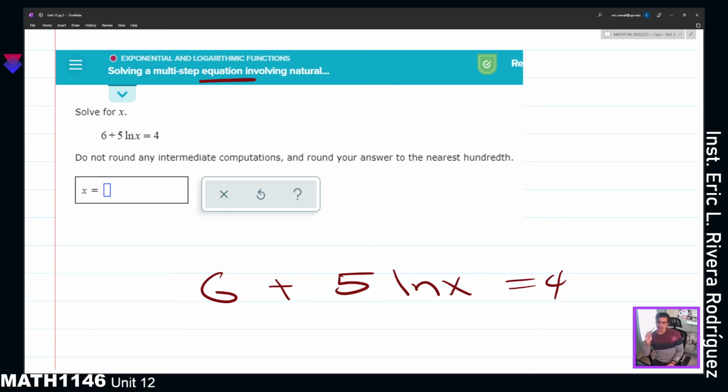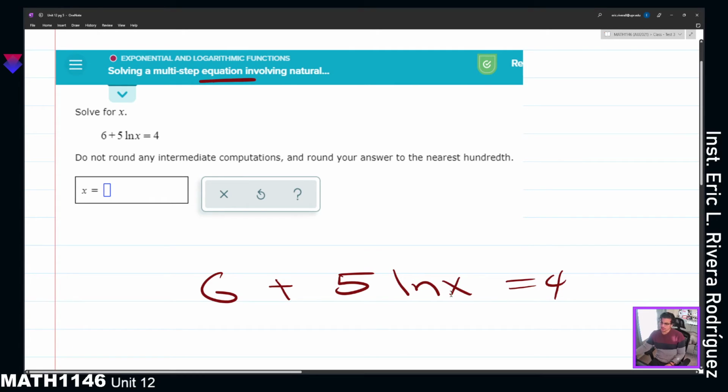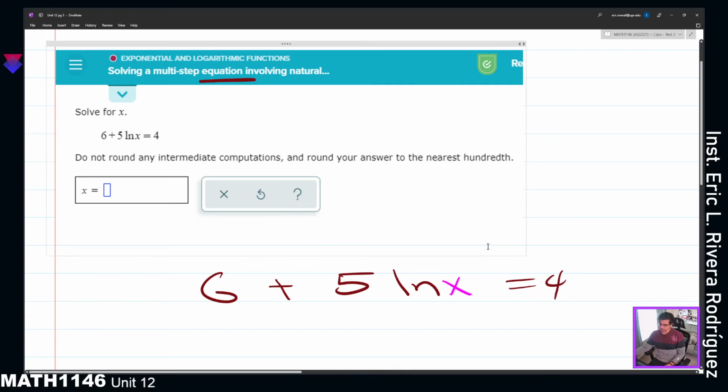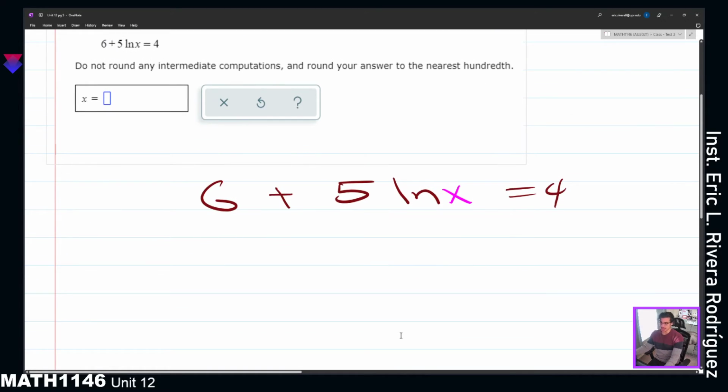So we have an equation here, and the problem is that our unknown variable is confined in the argument of the logarithmic function. So we have 5 times, let me write this better because it could be confusing.